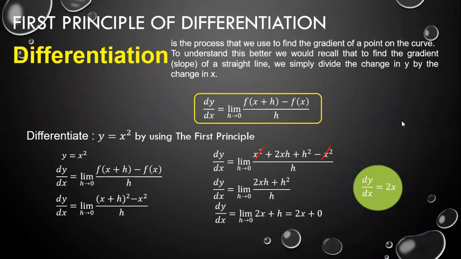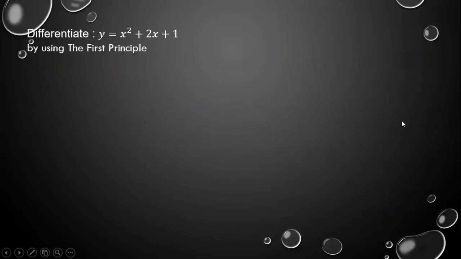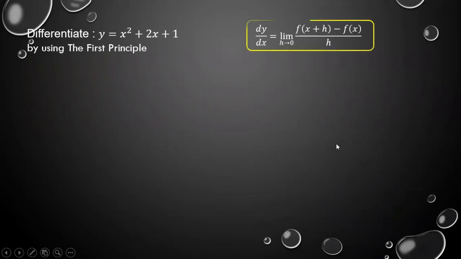Okay, students, go to the next example. Differentiate y equals x squared plus 2x plus 1 by using the first principle. As we know, dy over dx equals limit h to 0 of f(x plus h) minus f(x) over h. That's very clear, the first principle.